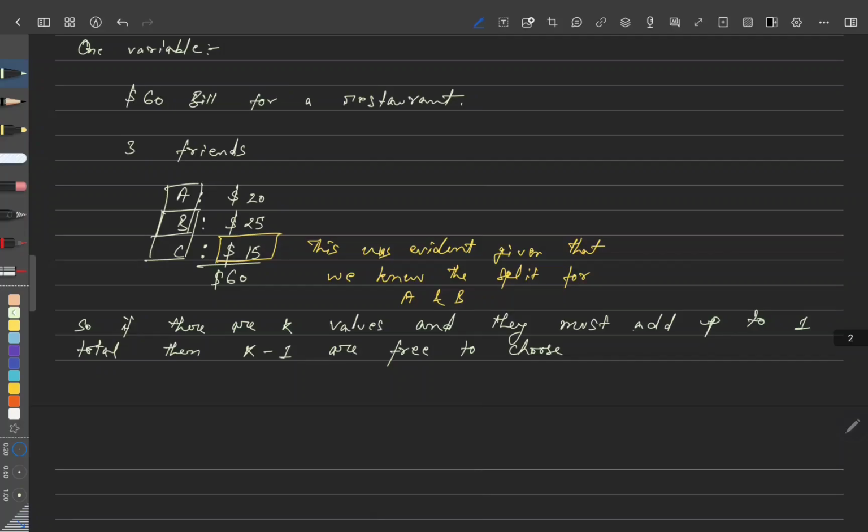We had 3, so k is equal to 3, so we were able to choose 3 minus 1, that is 2 values freely. That is what it means, and this is what happened in our example.